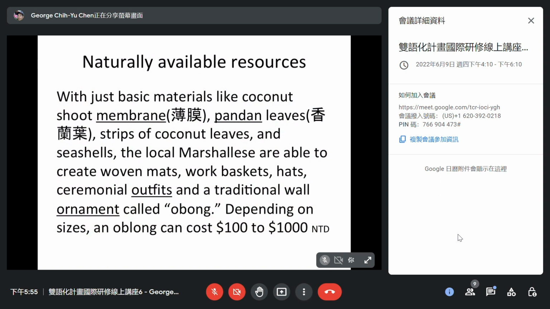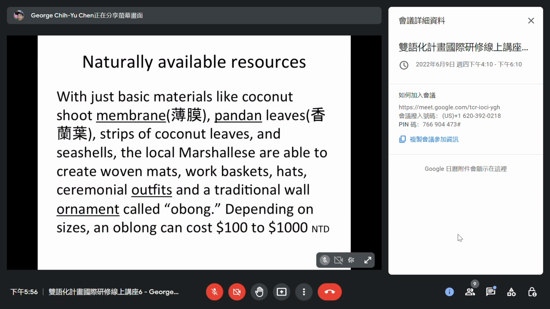And oban have different prices depending on the sizes and the decorations. And the oban can cost roughly from 100 Taiwan dollars to up to 1,000 Taiwan dollars. And they are excellent wall decorations.